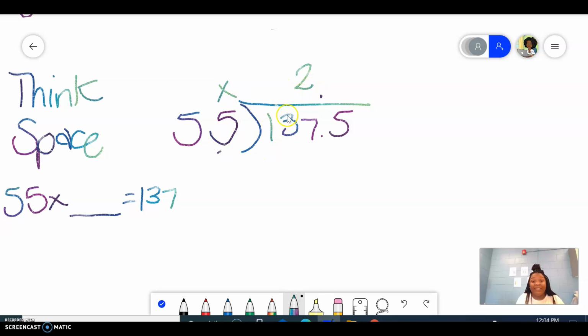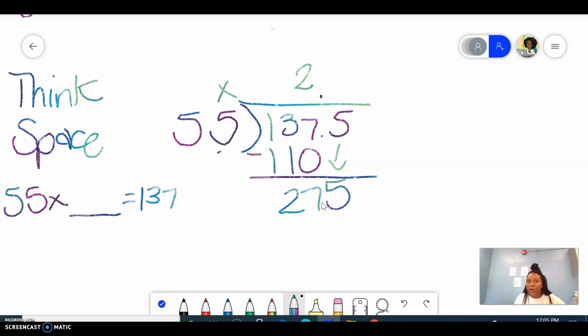And then we multiply, second step in long division. When we subtract, we're going to get 27. And I'm going to bring down my 5. I am not bringing down my decimal here. You're just bringing down the 5.